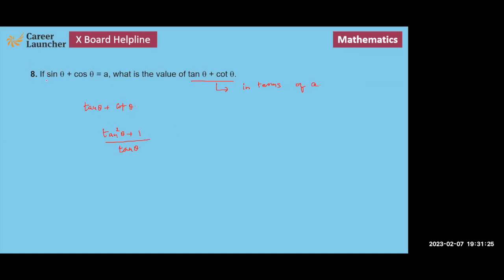Now you need to know whether you can express it somewhere in this form or not. This we know is same as secant squared theta by tan theta. Or basically we have 1 by cos squared theta into sin theta by cos theta. Or basically we are getting 1 by sin theta into cos theta.